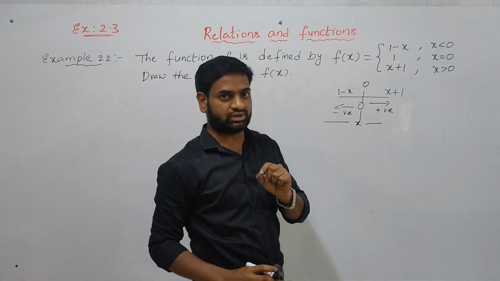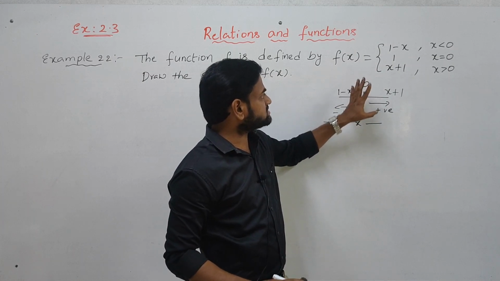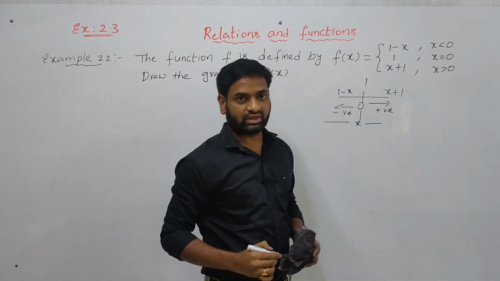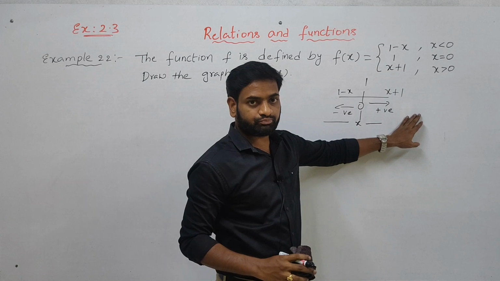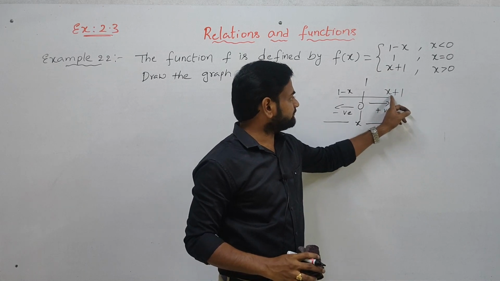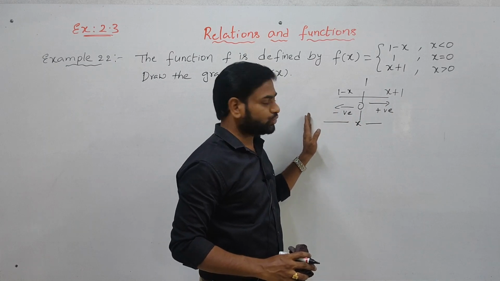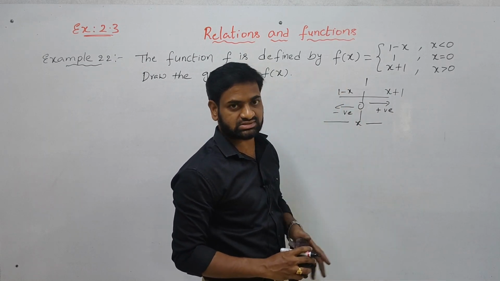So it is simple: if x is 0, f of x is 1. If we take positive x values, take the function x plus 1. If you take negative x values, take the function 1 minus x.